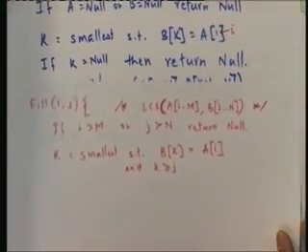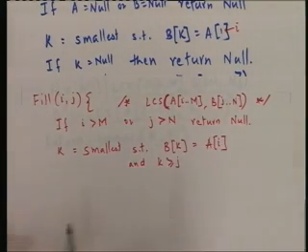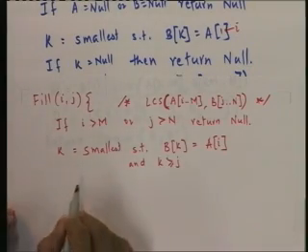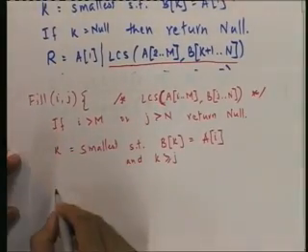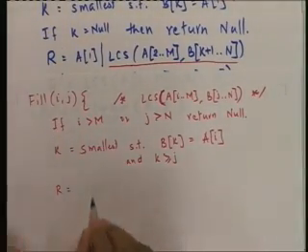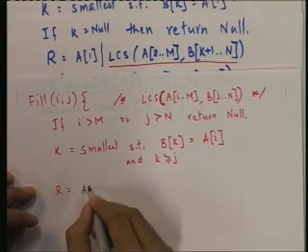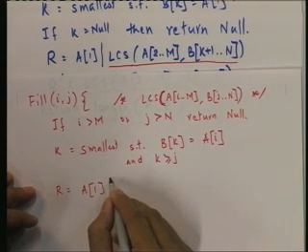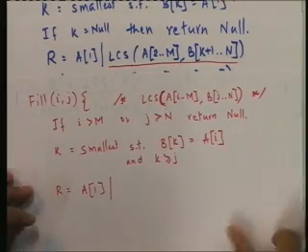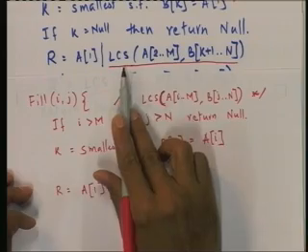Okay. The next step over here was if k equal to null, then return null. Okay. So, we could put that in, but as it turns out, we do not need to. Okay. So, the next step is going to be r is equal to a of 1 concatenated with this LCS. But remember that we do not want any recursive calls.